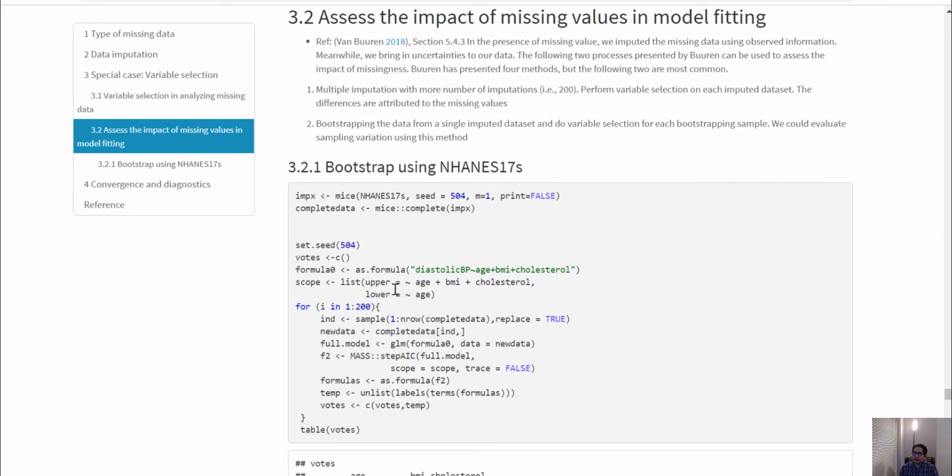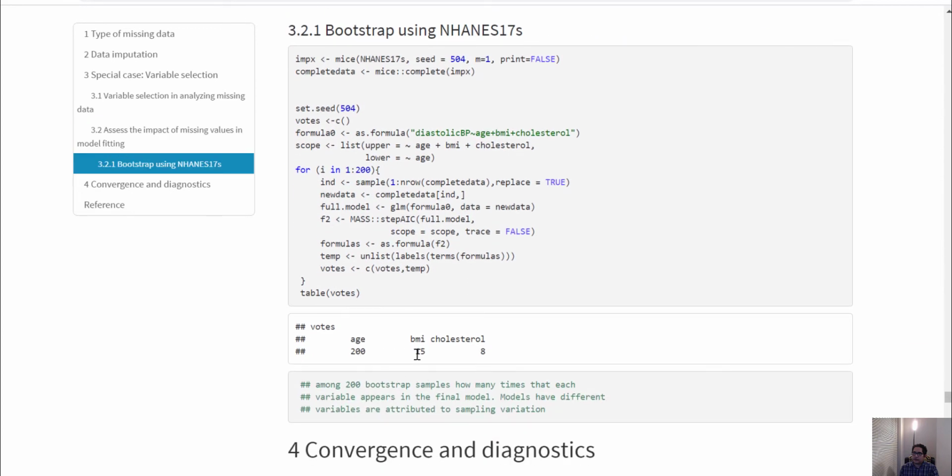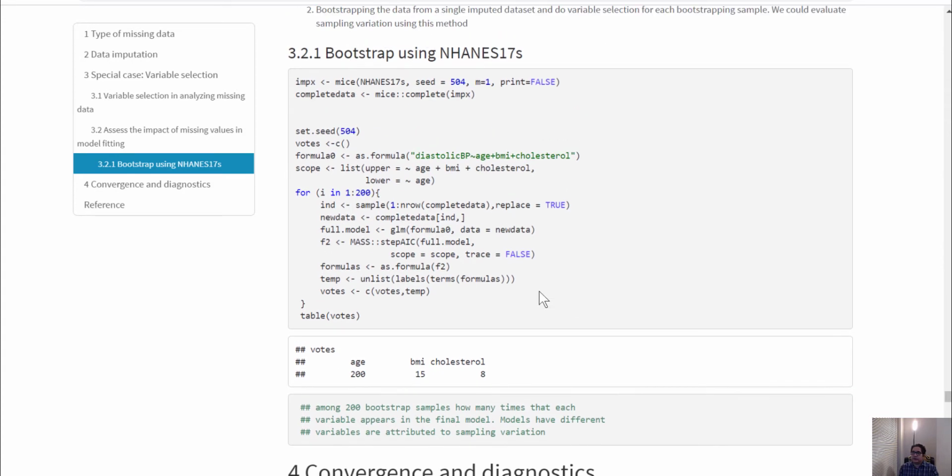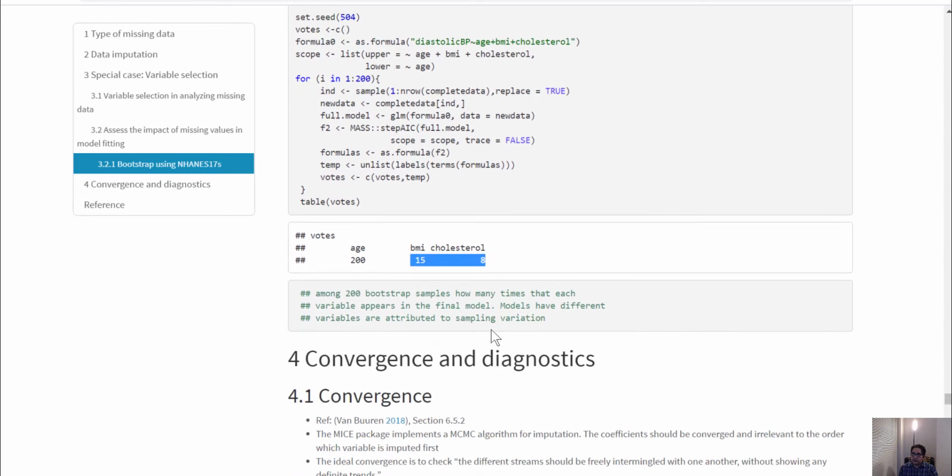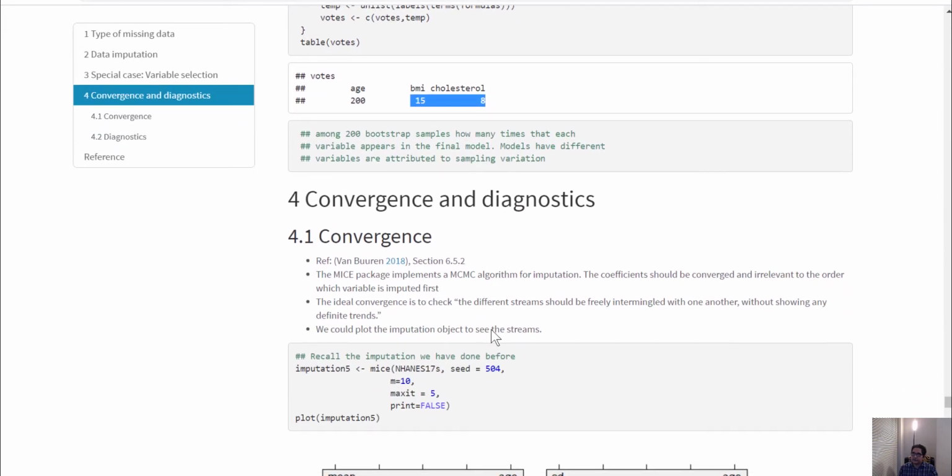Here, out of 200, we are seeing this was forced, and this was out of 200, this is also out of 200. The point that I'm trying to make is that both are majority rules, based on Bootstrap as well as multiple imputation, but they can lead to different conclusions about the variables.